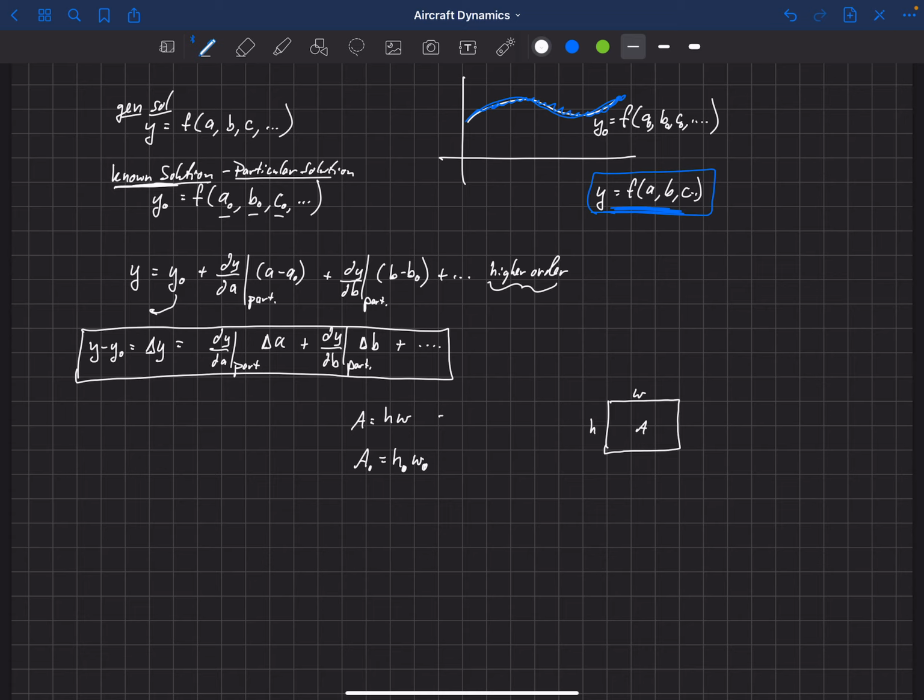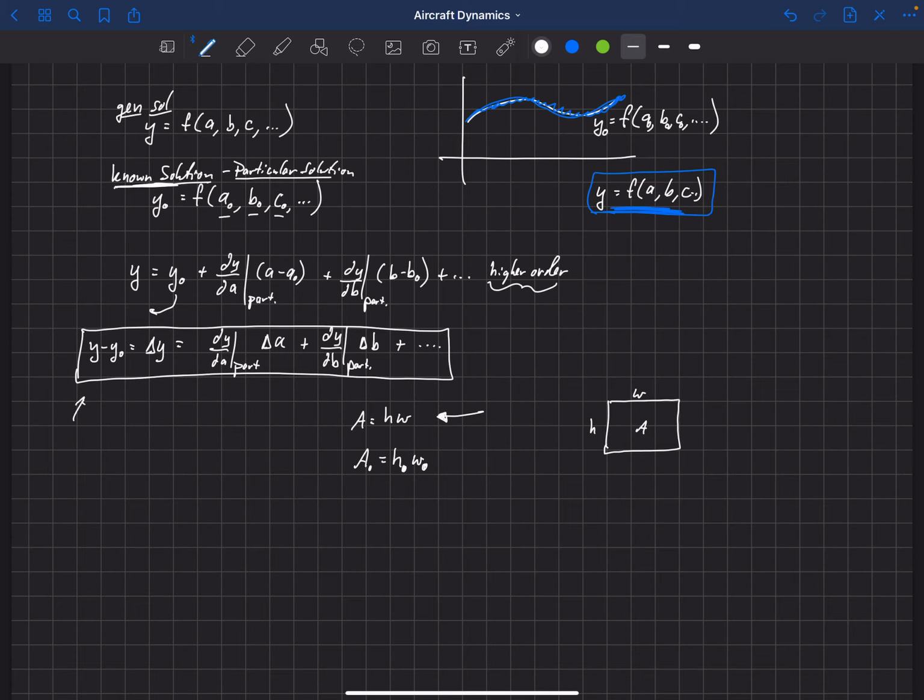We know the particular solution, and what we want to find is a general solution. This equation is so simple that of course we would just solve it. We could plug in any H or W and solve for the general solution. But let's pretend that equation was so complicated that it was more challenging to solve, and we didn't want to solve it that way. We wanted to estimate it using this method.